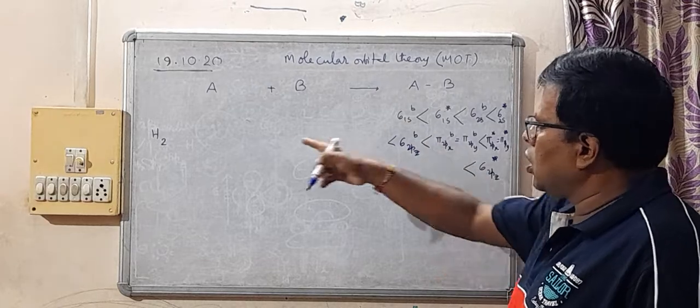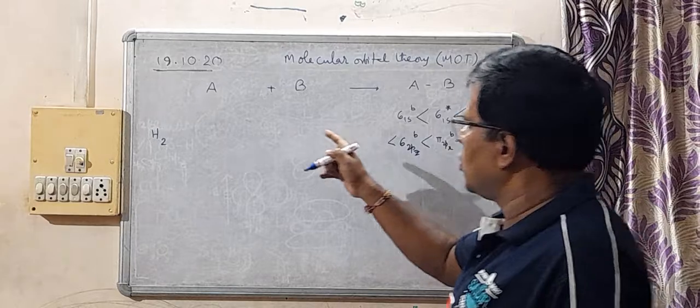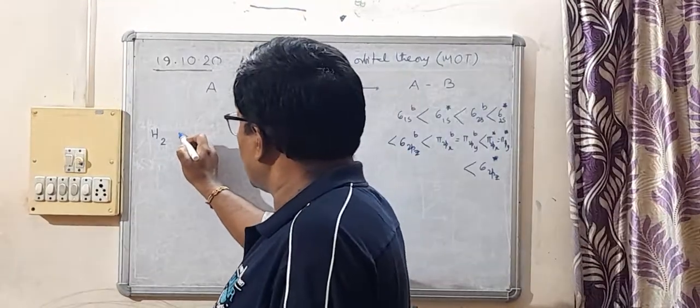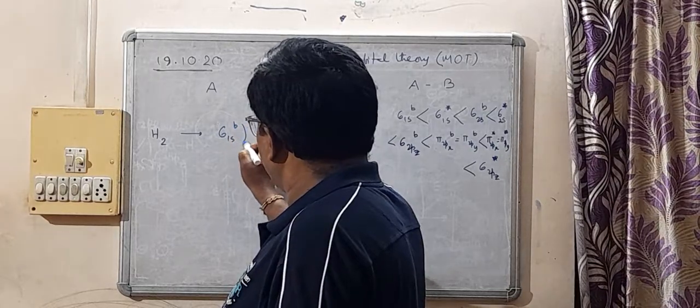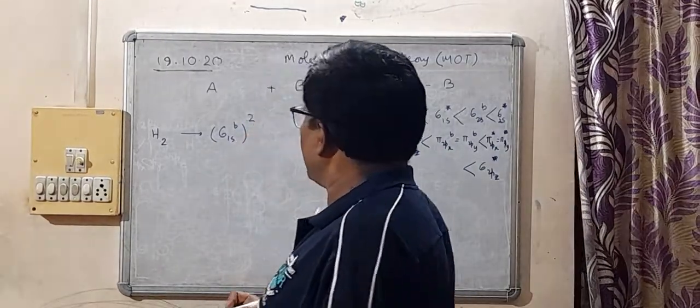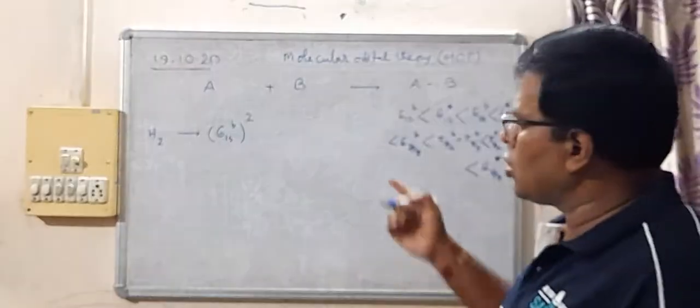So in the hydrogen molecule, 2 electrons will be present here. So its electronic configuration will be sigma 1s bonding, 2 electrons, and all the other molecular orbitals will be empty, no need to write down.